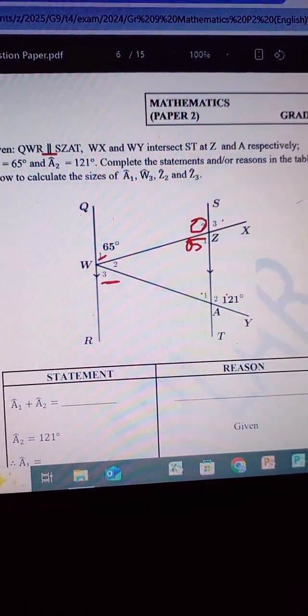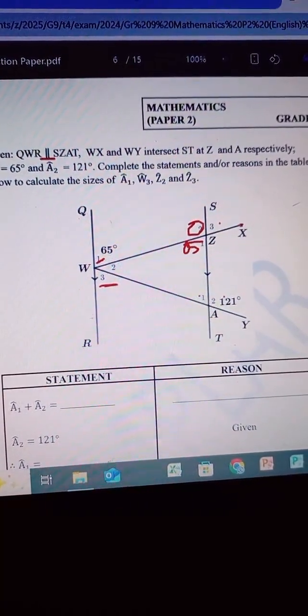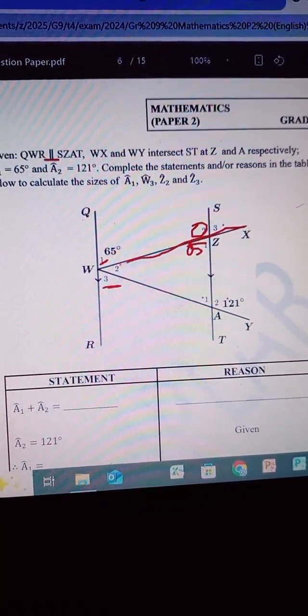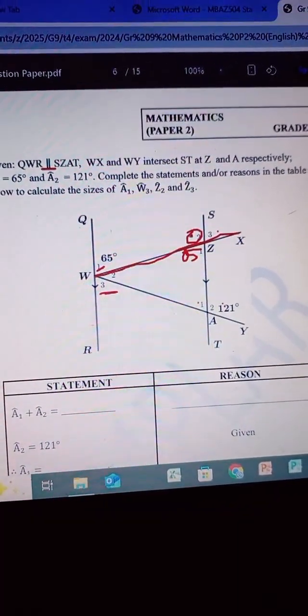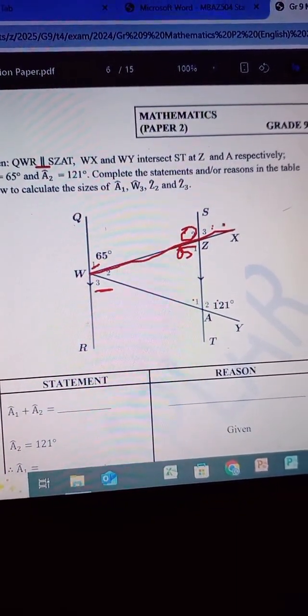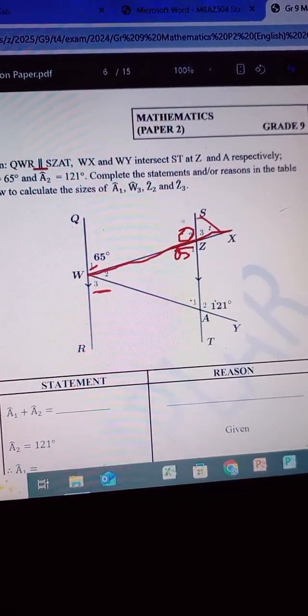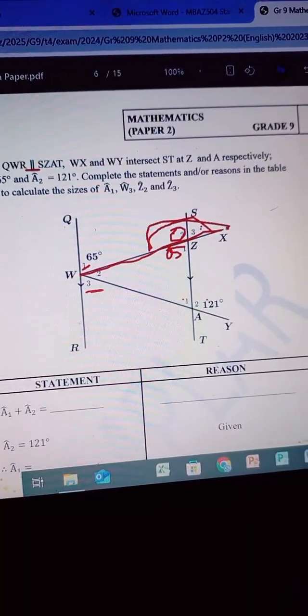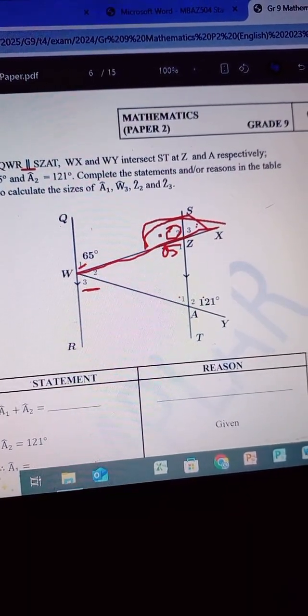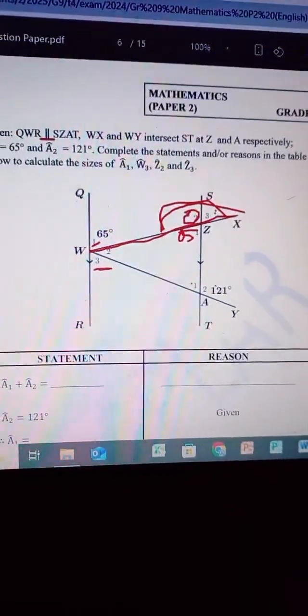Angles on a straight line. This is the straight line. So this one is 115 plus this must give us 180 because these angles are on a straight line. You are done with this question.